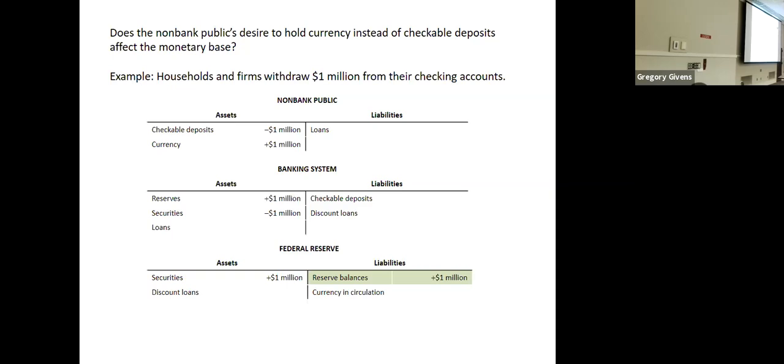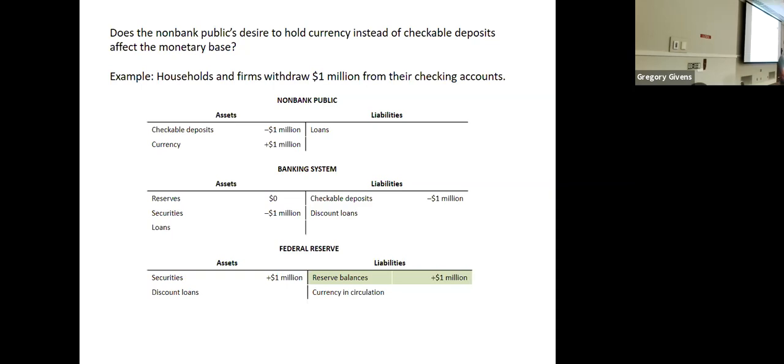So checkable deposits go from 0 to minus $1 million. But how do banks provide that currency? They have to draw down their reserve balances that they hold at the Fed. And so the asset side of the bank's balance sheet declines by $1 million, and you have a drop in liabilities of the banking system and a corresponding drop in the asset side of the bank's balance sheet.